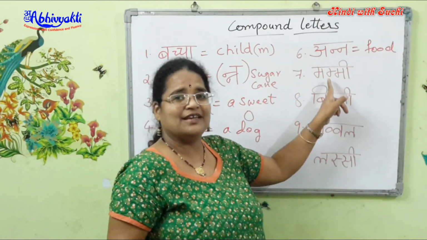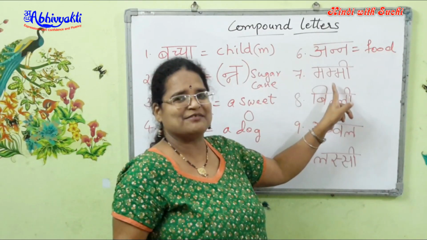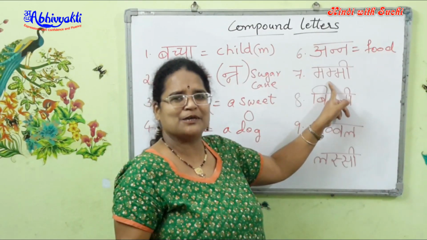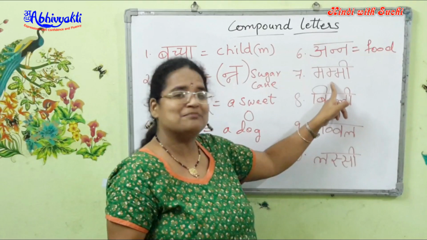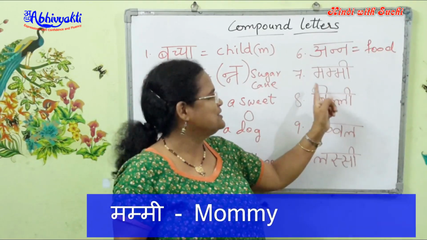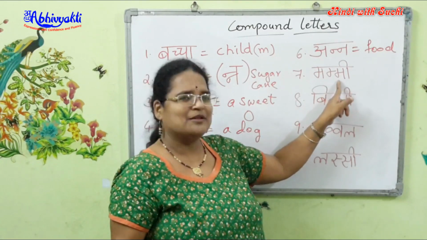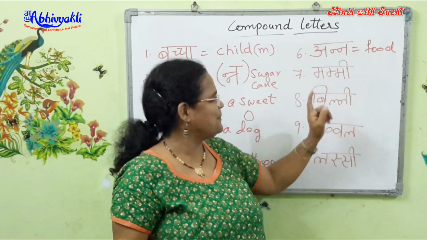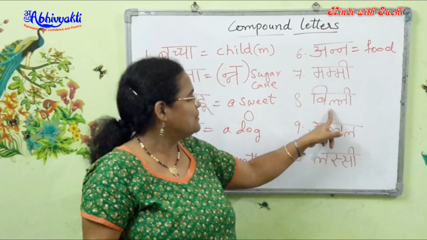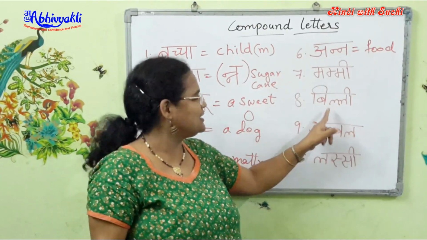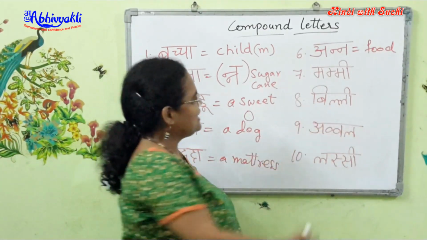And next one, I have an English word that our children have started using a lot in Hindi, and we also have Hindi rhymes using the word mummy, which is for mom. So if you want to write mummy in Hindi, then we have the double m here, mummy. And then I have billi. It is again the double l.